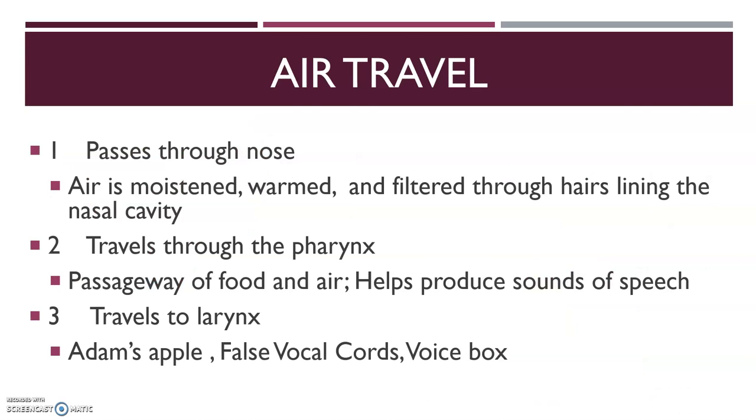So, air travel. This is the conducting passageway to the lungs from the beginning of entering into our body at the nose. So it's going to pass through the nose. That's where the air is moistened, warmed, and filtered through the cilia. Remember that the nasal cavity is a hollow space between the nose.